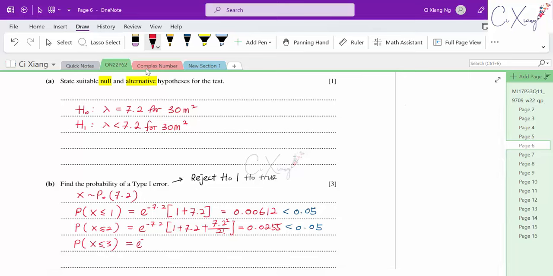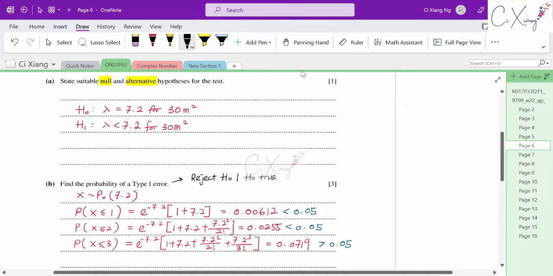So I have e negative 7.2, and then the formula for the probability that includes until x equals to 3 will be something like this. If I use the calculator, I get 0.0719. If you compare this value with the significance level, it is already more than 0.05.